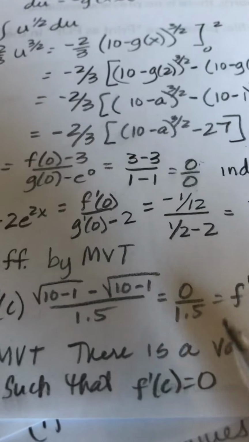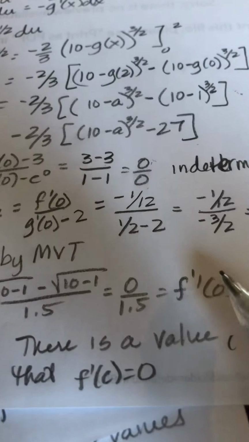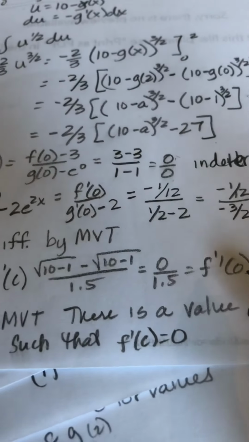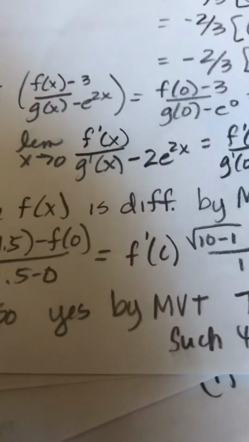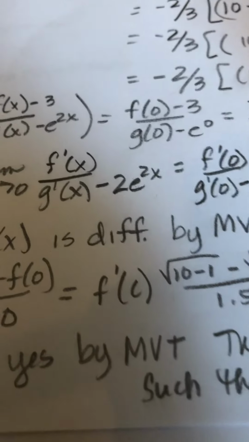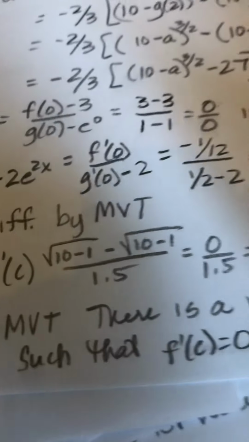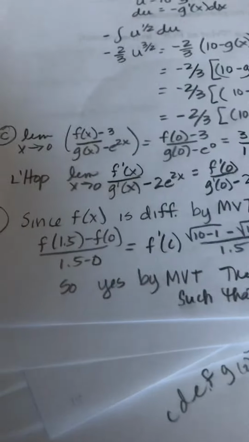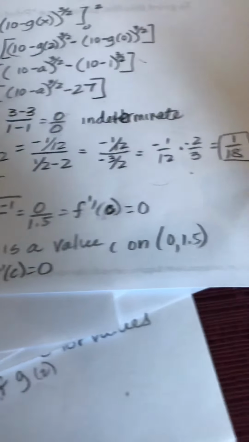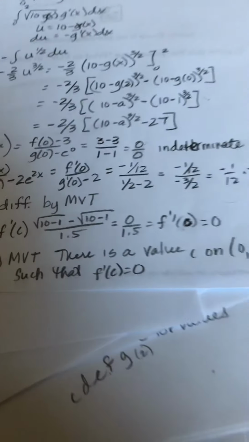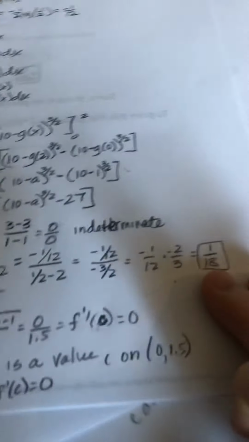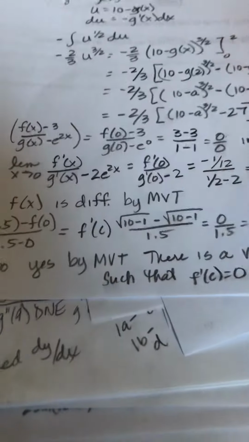We get 0 over 1.5, which gives us f prime, whoops, that should be an f prime of c, not f prime of 0. F prime of c is going to equal 0. So yes, by mean value theorem, there is a value c on that interval such that f prime of c equals 0. And again, mean value theorem, it's been on almost every question I've given you.